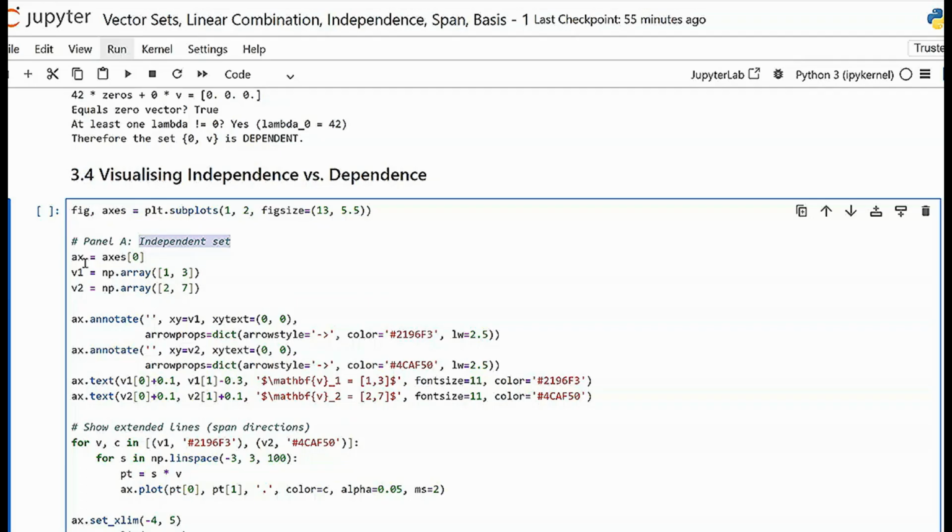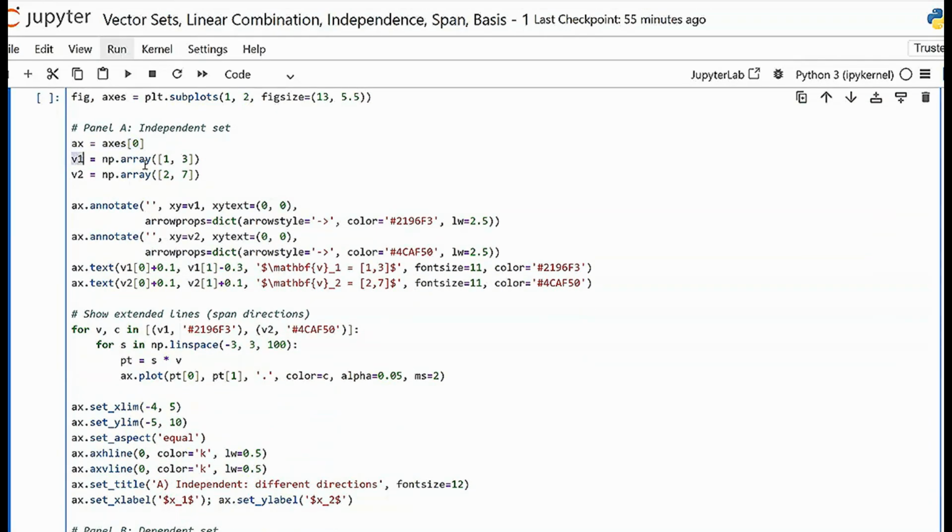Now let me select the left subplot for the independent vectors. Dear friends, here we have two two-dimensional vectors. Vector v1 is 1, 3 and vector v2 is 2, 7. These vectors are not scalar multiples, so they are independent.